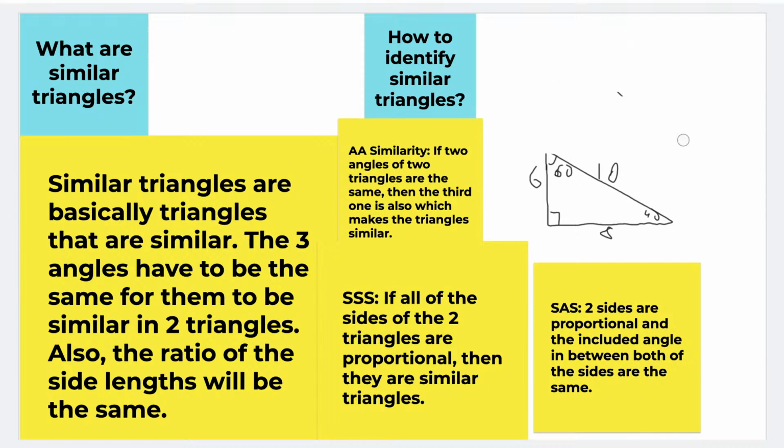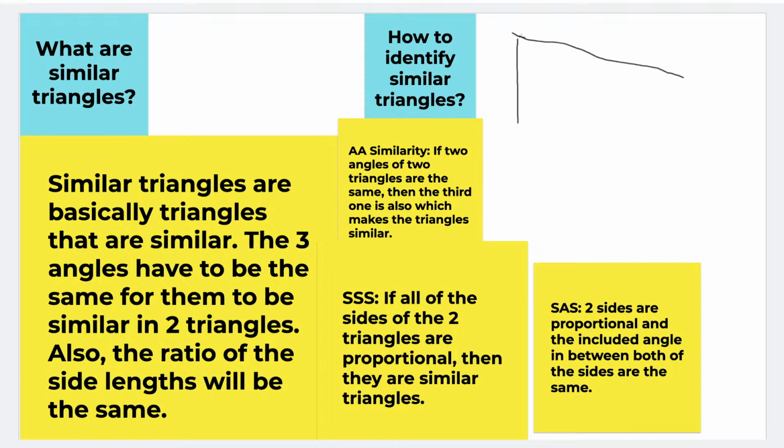Now the other one is SSS, which stands for side-side-side. In this theorem, if all of the sides of the two triangles are proportional, then they are similar triangles. Pretend I have two triangles.